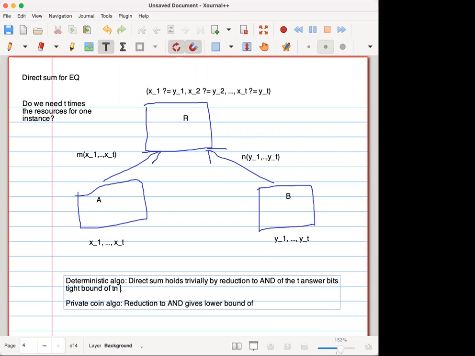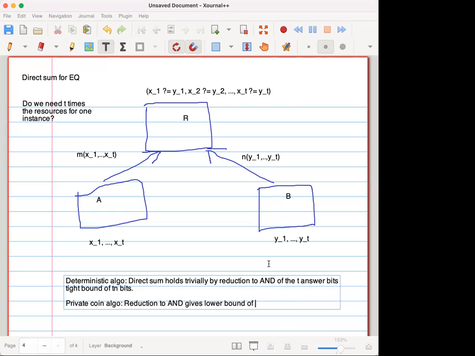So similarly, what would you expect for the private coin algorithm? If you do the same kind of thing, then it should be like t root n bits.